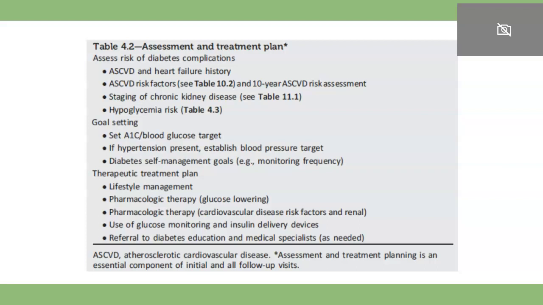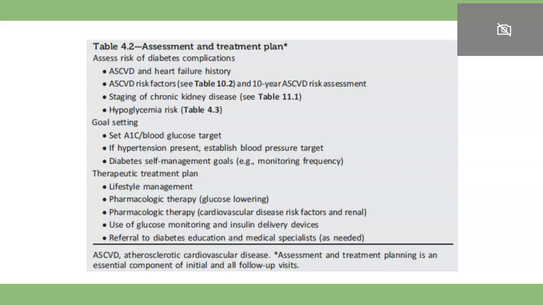So we're doing the subjective portion and we're doing the beginning of the objective portion of the plan. This here is an overview. So again, you're assessing for comorbidities, including atherosclerotic cardiovascular disease, ASCVD, and heart failure history, risk factors.